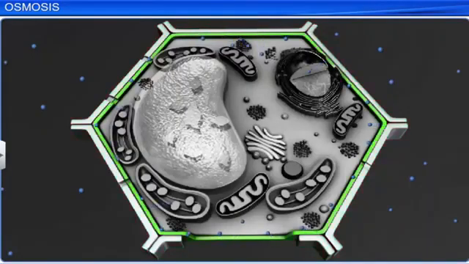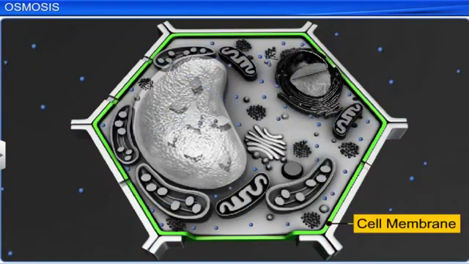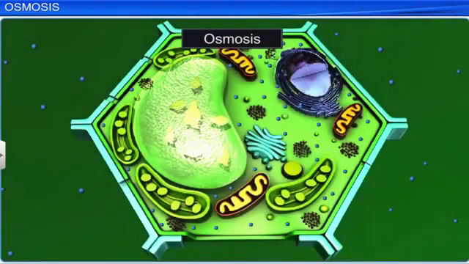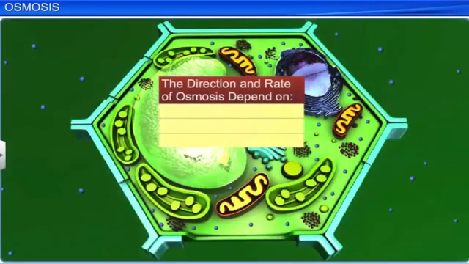The diffusion of water across a semi-permeable membrane like the cell membrane is referred to as osmosis. Osmosis occurs spontaneously in response to a driving force. The net direction and rate of osmosis depend on two factors: concentration gradient and pressure gradient.